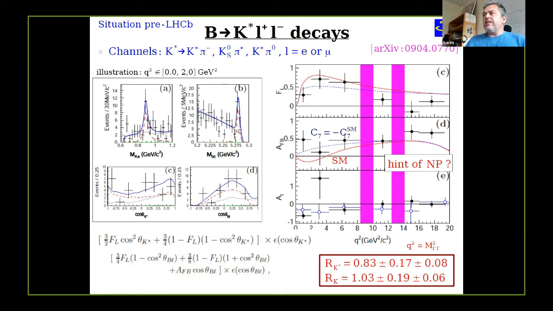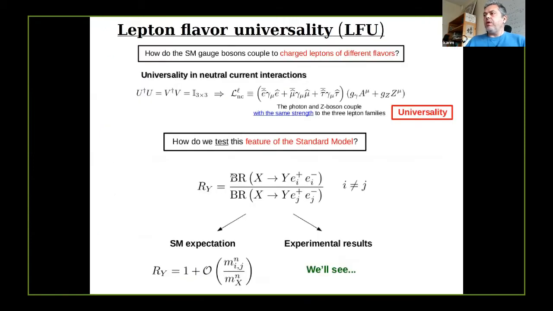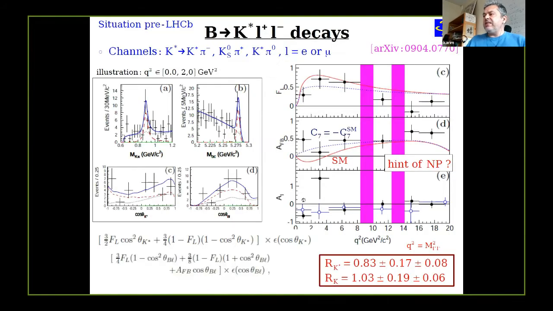However, as you can see, the statistics were quite low. Even measuring this ratio of K mu mu versus K ee was given by the B factory in a single bin, not even in two Q square bins, with an uncertainty on the order of 20%.